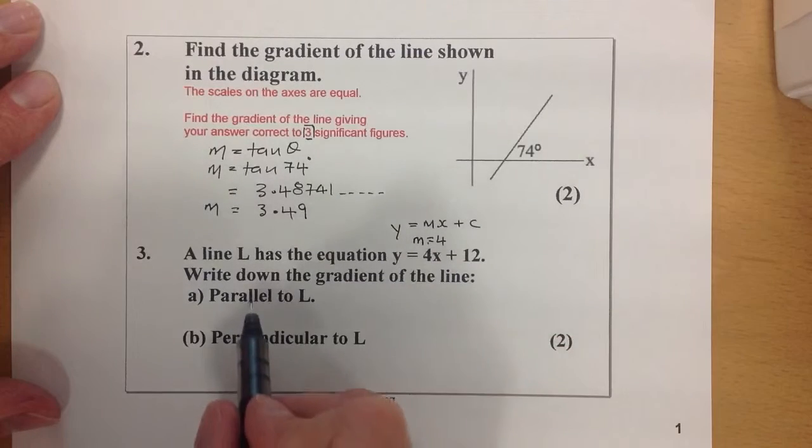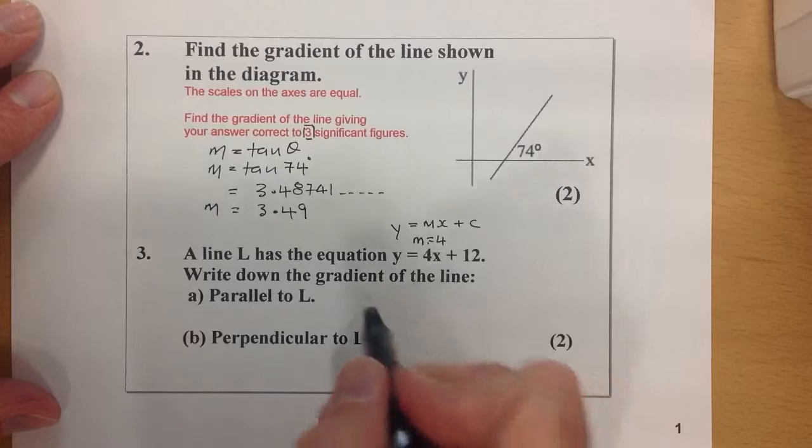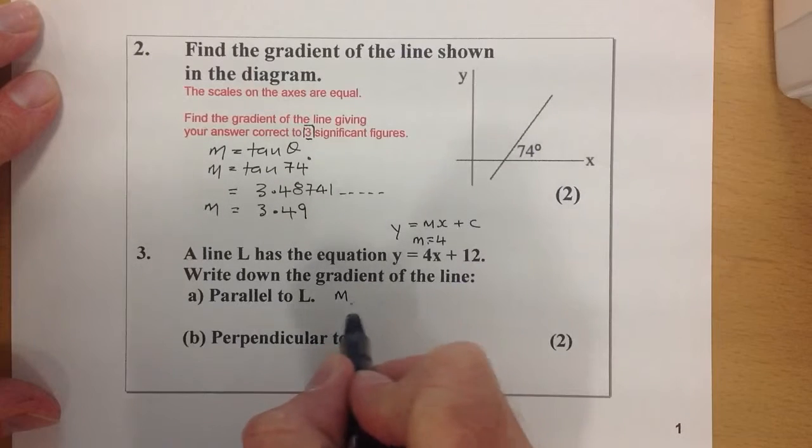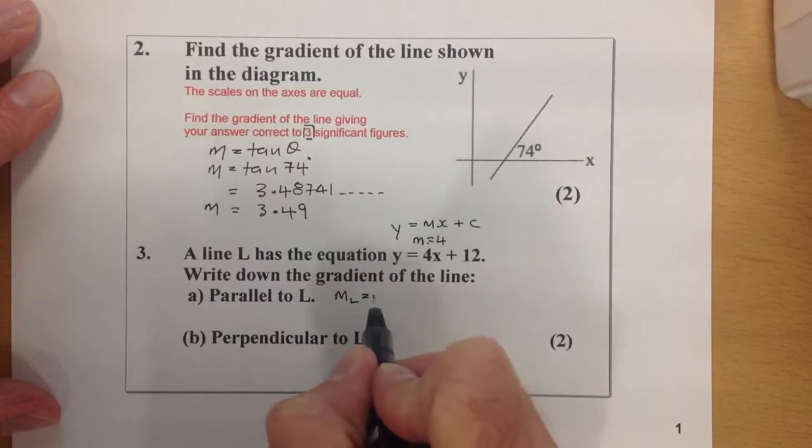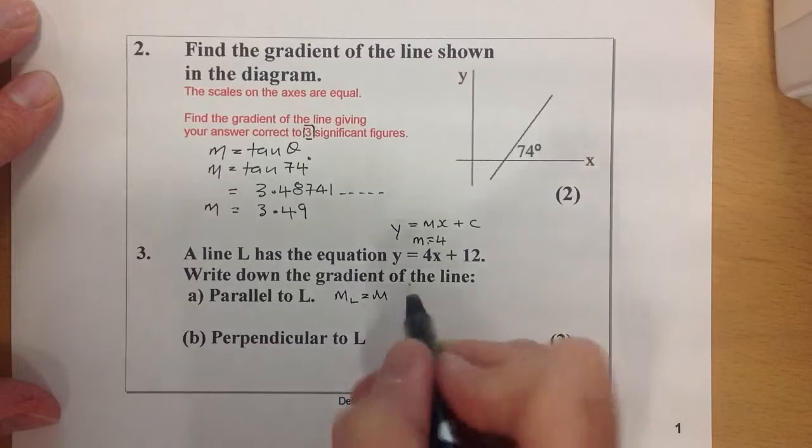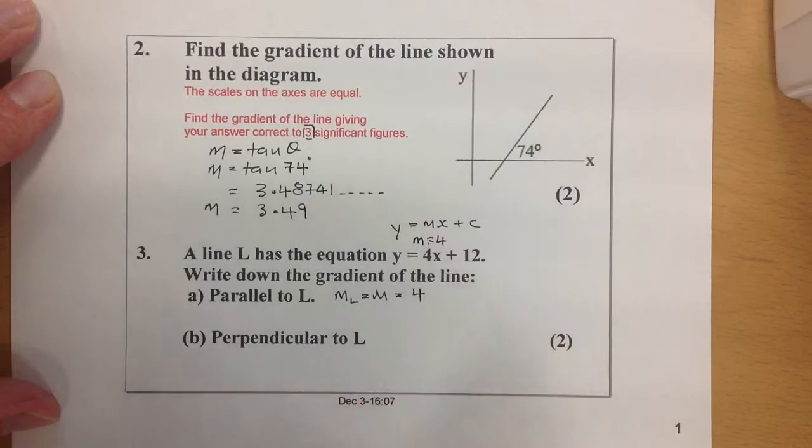So my gradient's 4. For a parallel gradient, they're the same. So the gradient of L is equal to the gradient that I'm trying to find out, which is just going to be equal to 4. Okay, so I've just picked that straight from there.